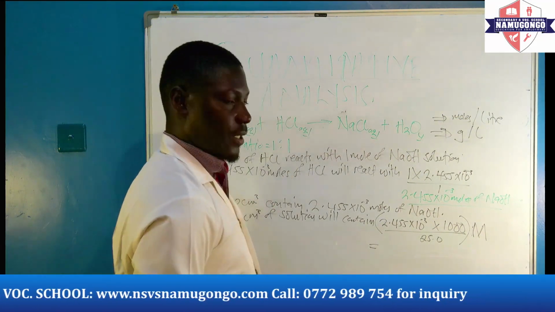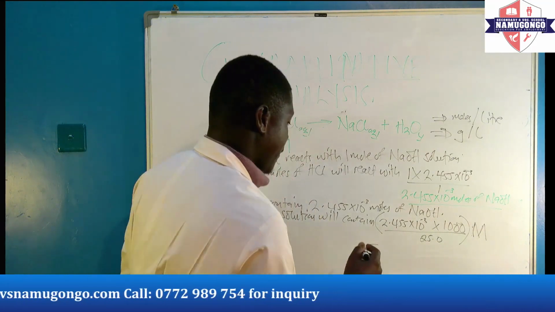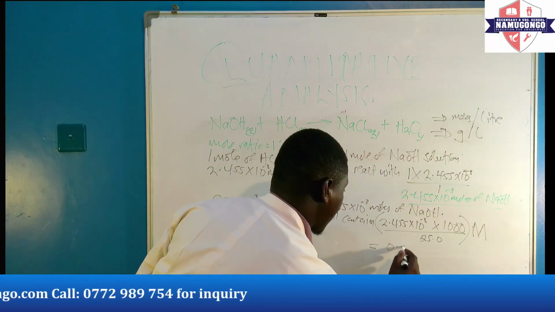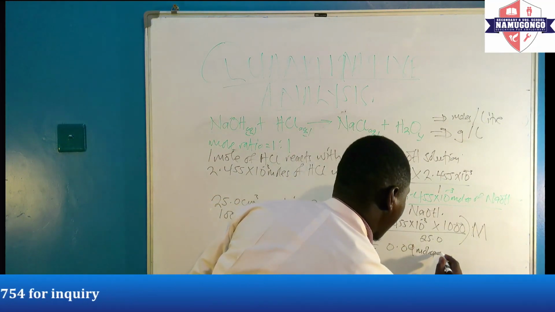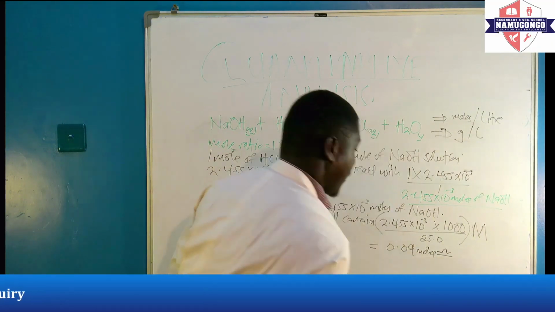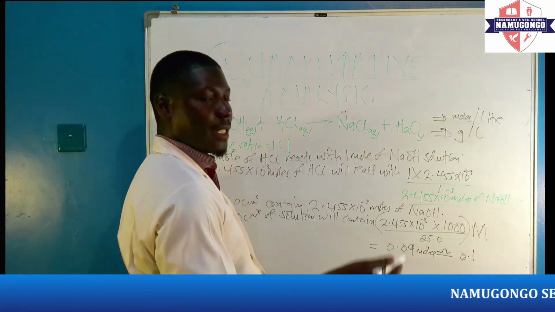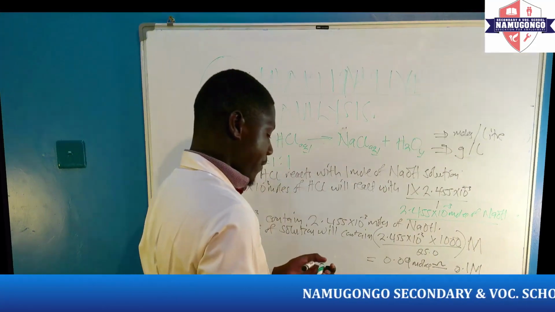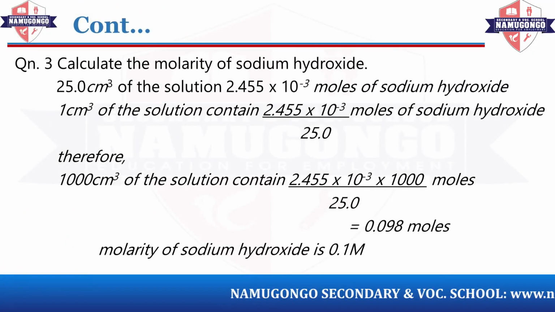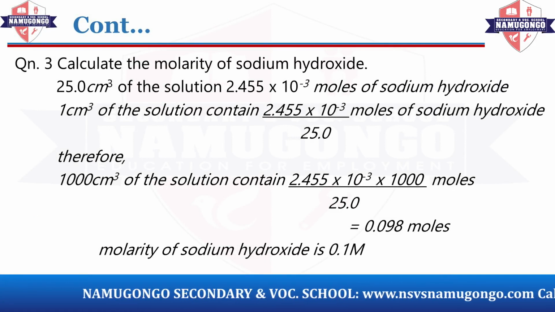When you compute, for me, I get 0.09 moles, which is approximately equal to 0.1 when you round it off, molar. And therefore, this is the concentration of sodium hydroxide, which we have been looking for.